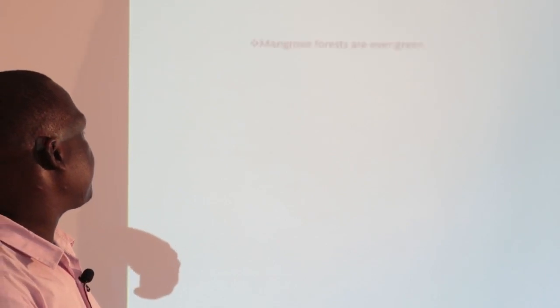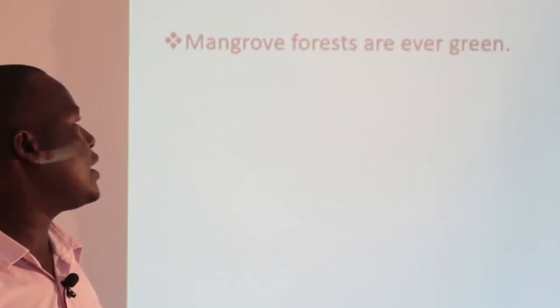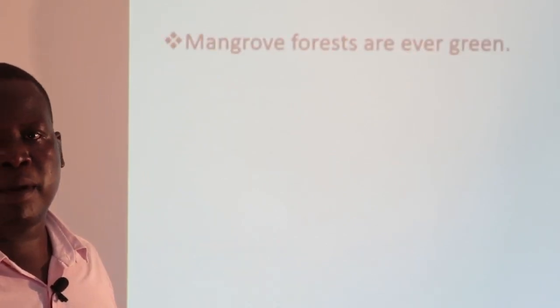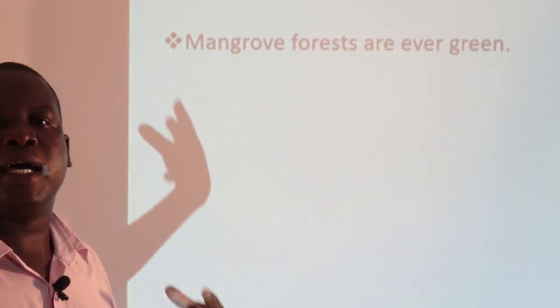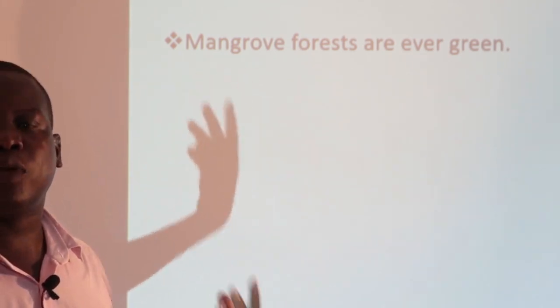We want to look at another thing yet, and that is the characteristics of mangrove forests. How are these forests? How do you identify that this forest is like this? One, the mangrove forests are evergreen. Remember, they grow in waterlogged areas where they have water throughout.